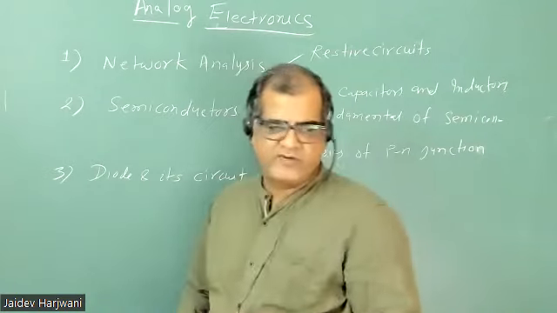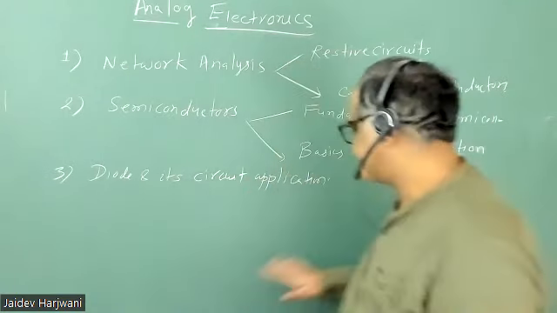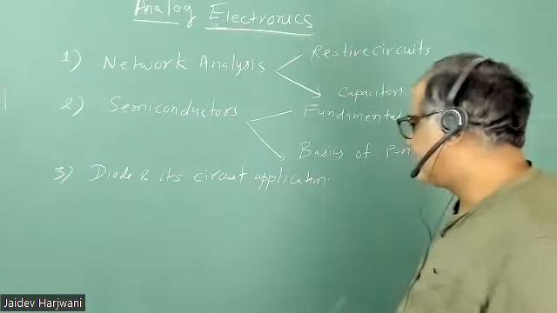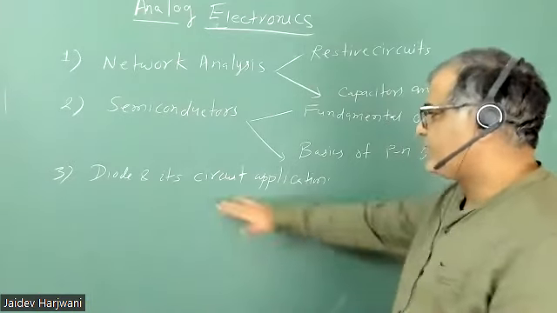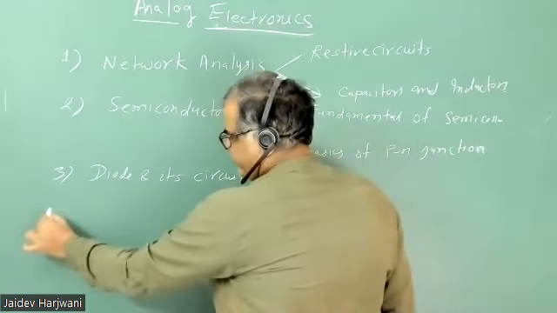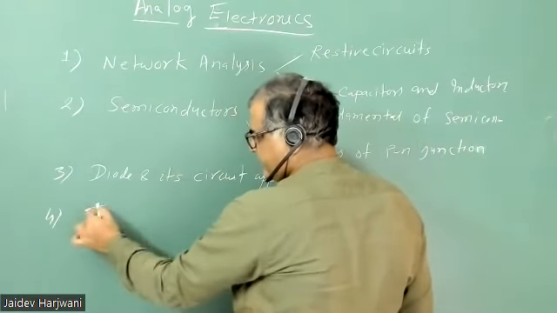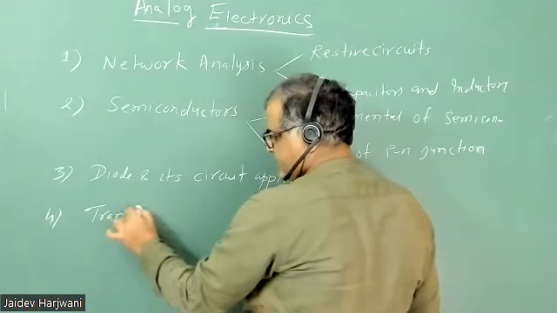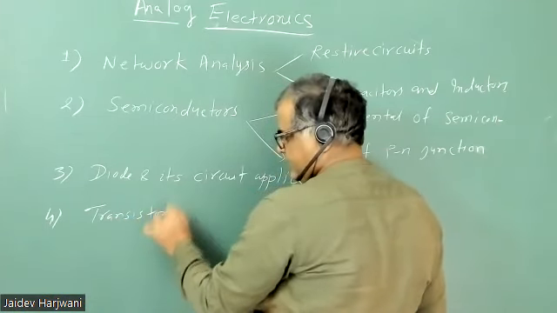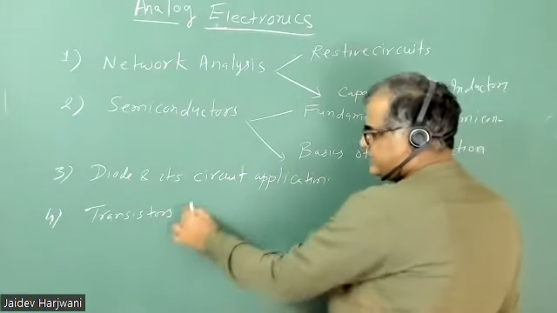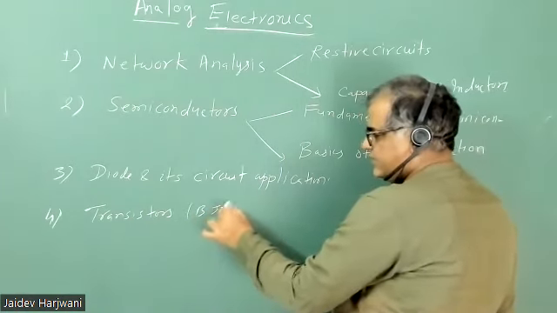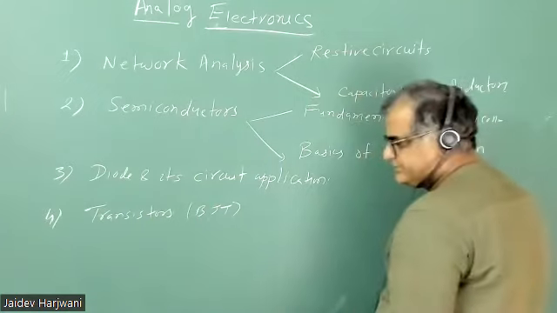Their applications: rectifiers, voltage regulation, clamping and clipping. All these things come in chapter 3. Chapter 4 will be dedicated to transistors, and basically we'll discuss BJT, bipolar junction transistors.